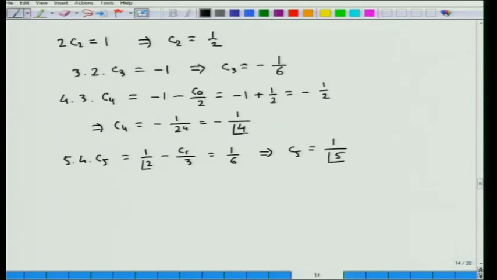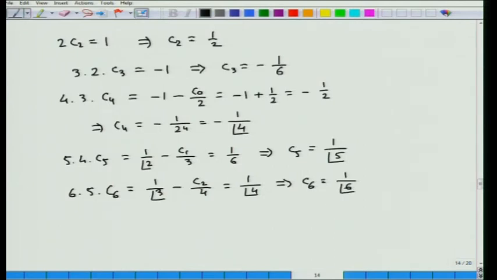Then equating the coefficient of x to the power 4, you can find 6 into 5 into C 6 is equal to 1 by factorial 3 minus C 2 by 4. Substituting for C 2, we can calculate this is equal to 1 by factorial 4, and this implies C 6 is equal to 1 by factorial 6.